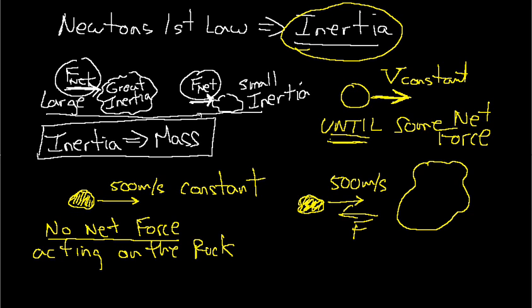So that's the concept of inertia. Objects at rest are going to want to stay at rest, and they will stay at rest until some net force is applied to them. And it's in relationship to the mass. So we'll talk a little bit more about this a little bit later.